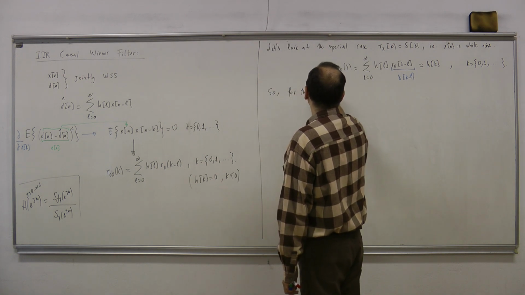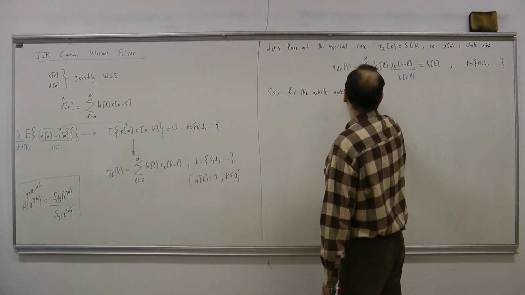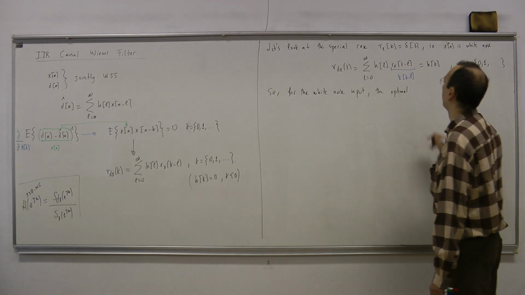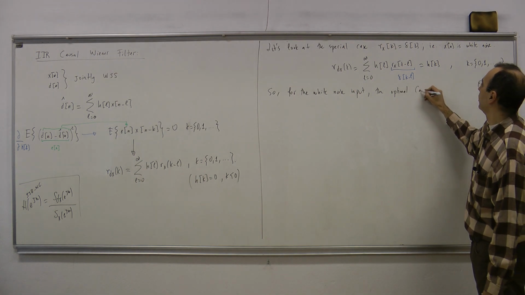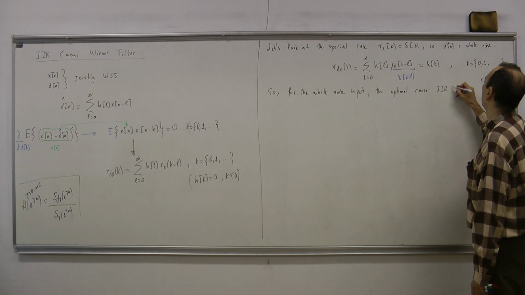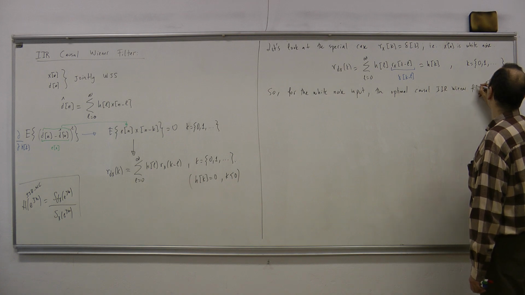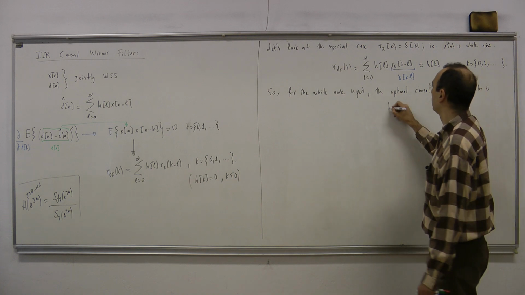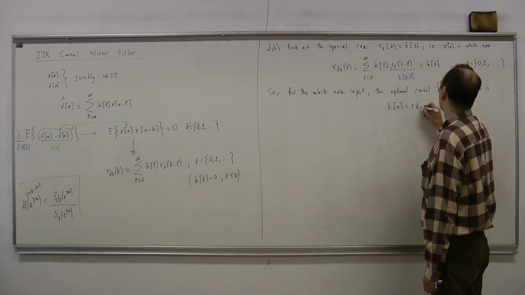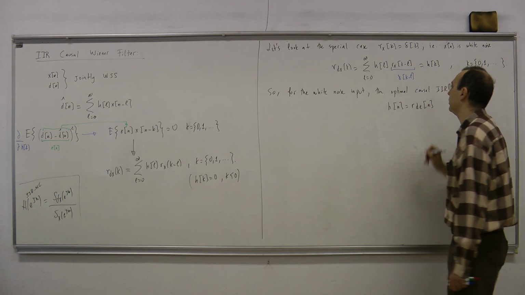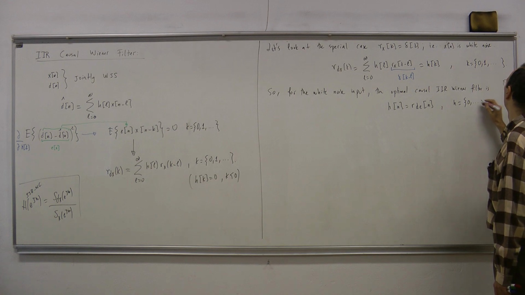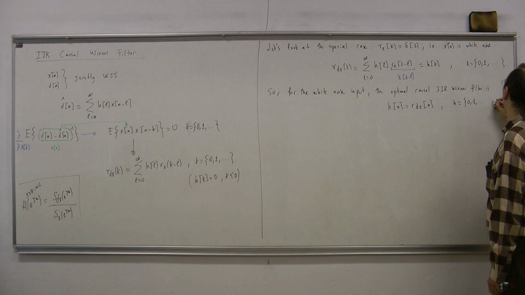For the white noise input, the optimal causal IIR Wiener filter is h of n equal to R d epsilon of n, for n equal to 0, 1, up to infinity.